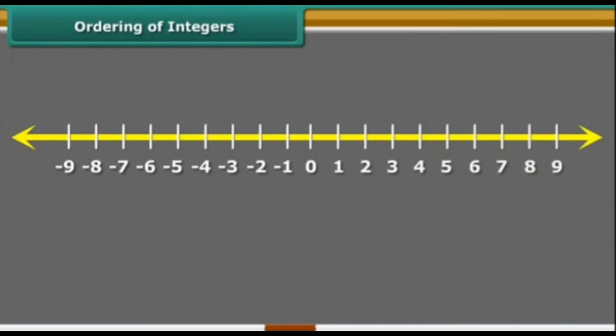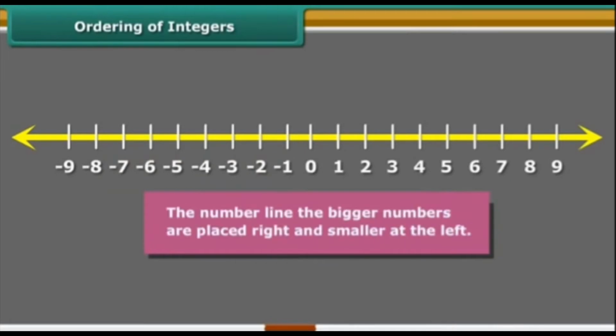Similarly, 5 is greater than 0, so it is placed right of it. Since 0 is to the right of -2, it is greater than -2. Again, -2 is on the right of -7, so -2 is greater than -7. Thus, we see that on the number line, the bigger numbers are placed right and smaller at the left.